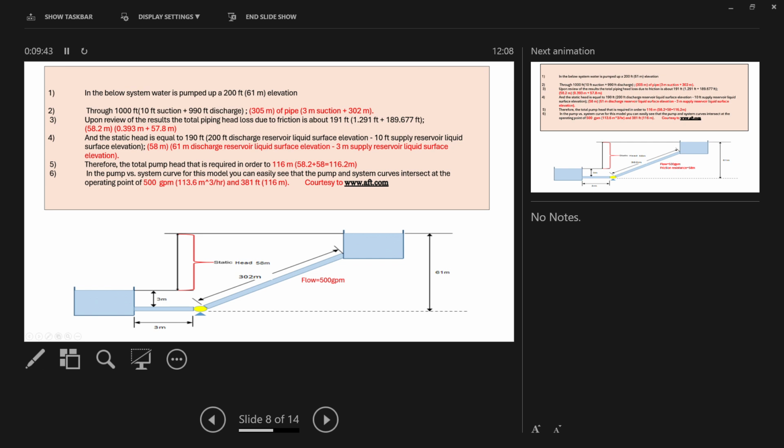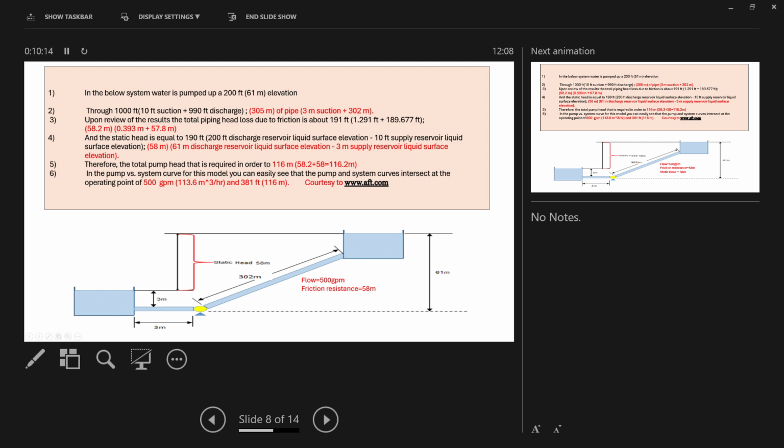This is one example of a pump. The flow is 500. Friction resistance is 58 meter. How has this 58 meter come? It is due to your inlet line, which is 3 meters from the tank, and the outlet discharge tank, which is 302 meters.